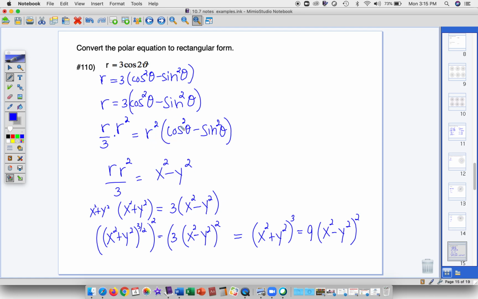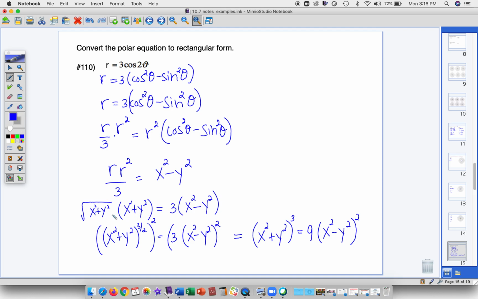So r squared cosine squared theta gives me x squared, and r squared sine squared theta gives me y squared. Over here, I didn't multiply these together; I wanted to write them out. This was the square root of x squared plus y squared, which comes from just the r, and r squared is x squared plus y squared.